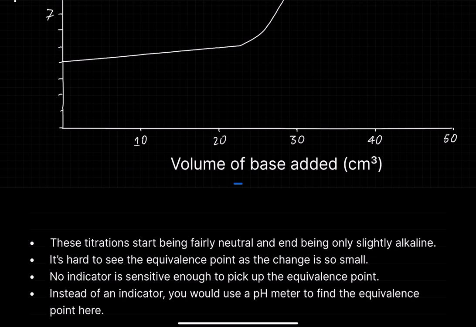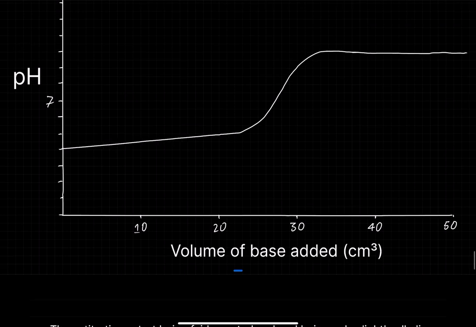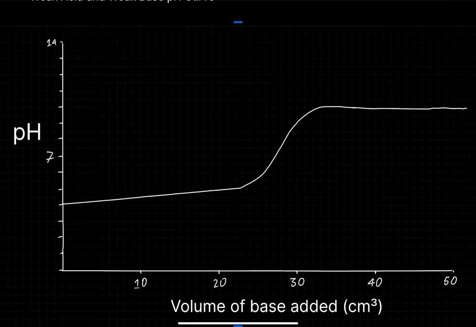These titrations start being fairly neutral and end being only slightly alkaline, and it's hard to see the equivalence point as the change is too small. We're starting off with a very high pH for an acid and a very low pH for a base, so we're going from roughly 3 to 9, and that's not a great change at all.